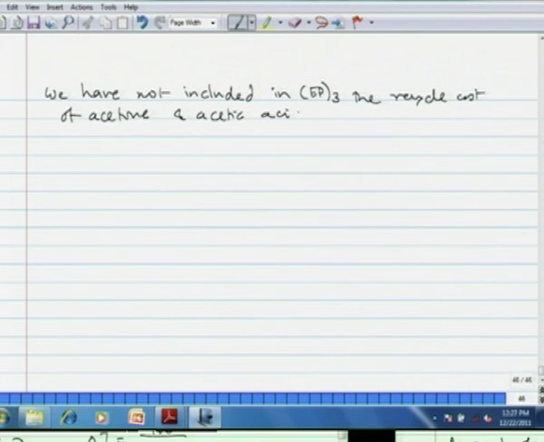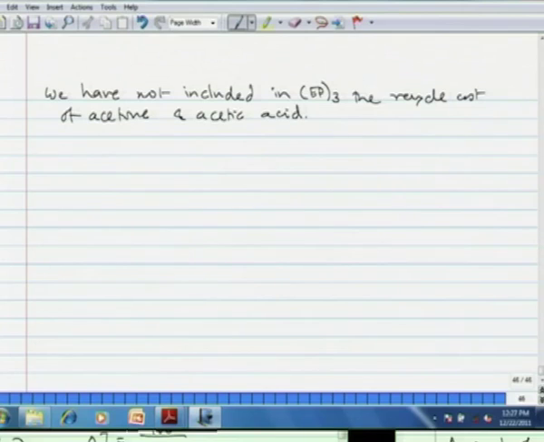However, you can easily note that both acetone and acetic acids are liquids at NTP conditions. So, you will require simple pumps for recycling them, and the cost of a pump is rather negligible as compared to the other costs that we have seen. And therefore, we have not included here the cost of the recycle streams. That point we note.